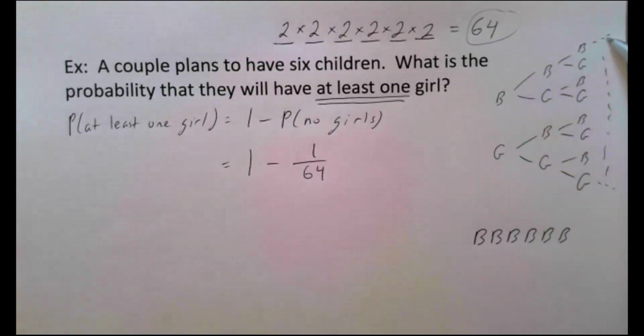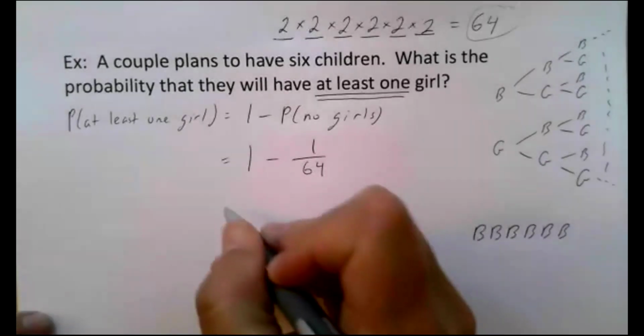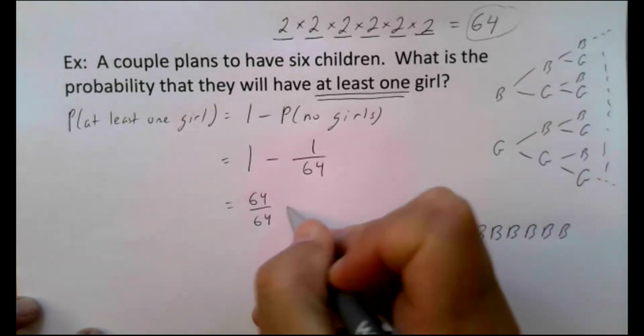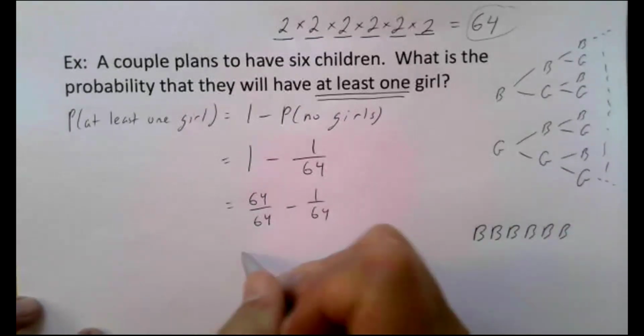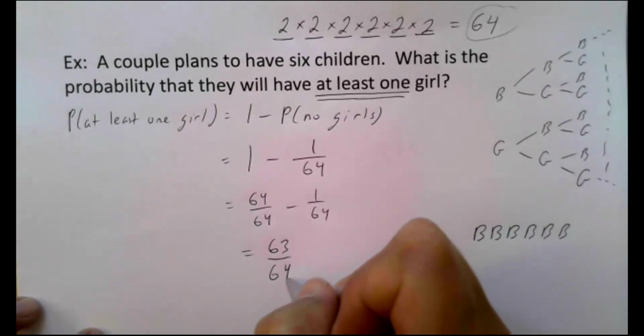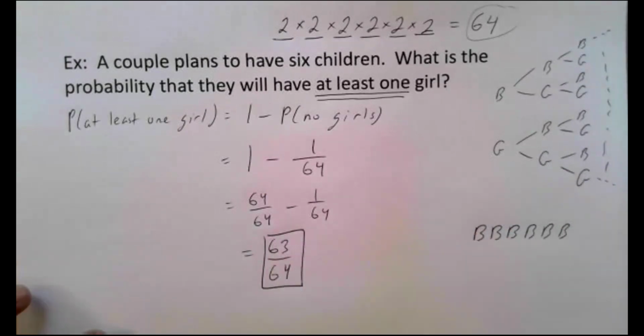There's only a 1 out of 64 chance that the family will not have any girls. That means the rest of them all have at least one girl, the other 63 out of 64. And that means the other 63 out of the 64 things in my sample space should have at least one girl in it.